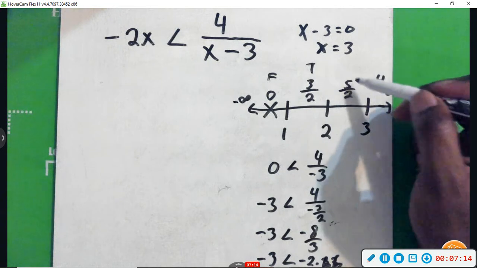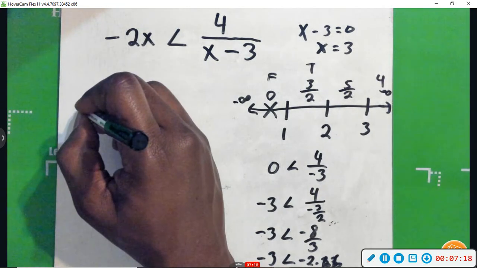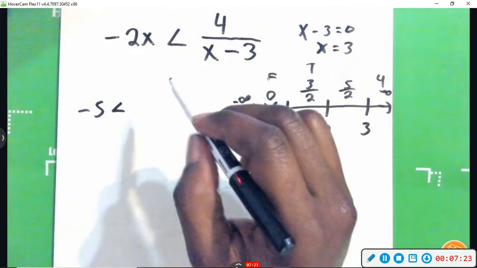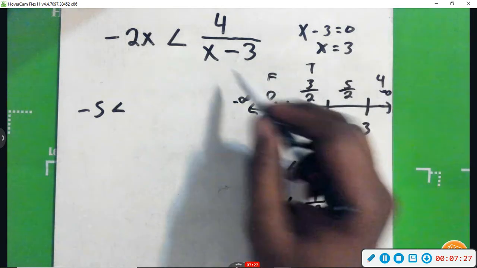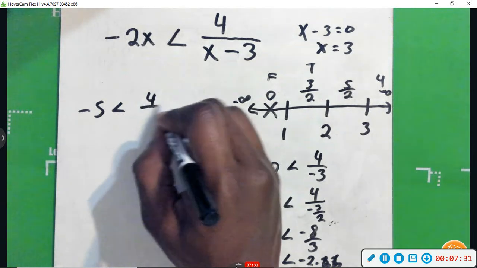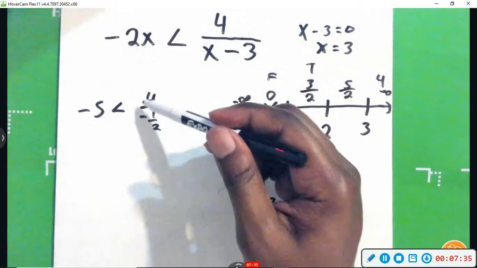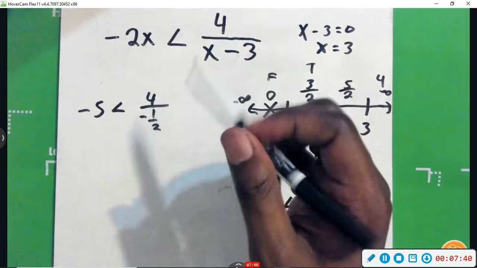Alright, now I'm going to try 5 over 2. So plugging in 5 over 2 here, that will give me a negative 5 is less than, and then 5 over 2 is 2.5, so on the bottom that would just give me a half. So I'll have 4 over negative a half, and when I evaluate 4 divided by negative a half, that will just give me a negative 8.